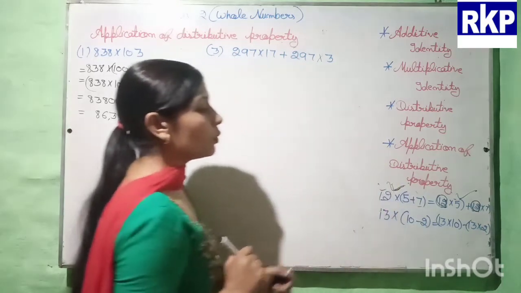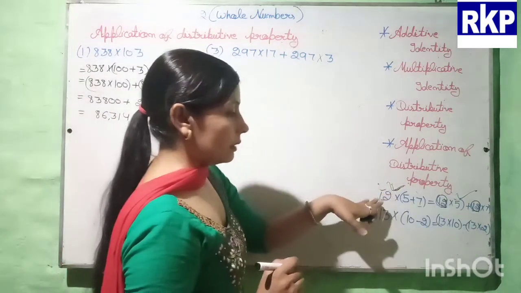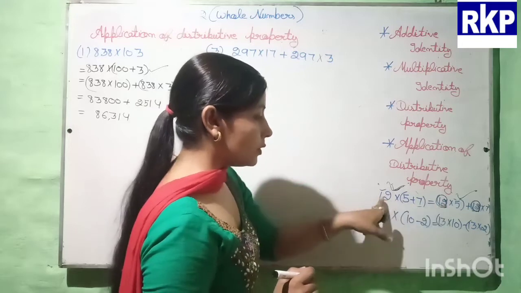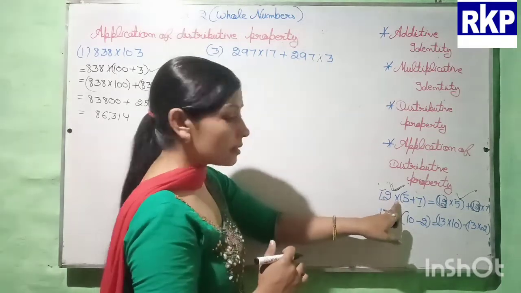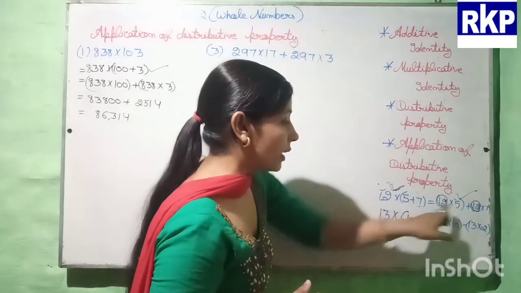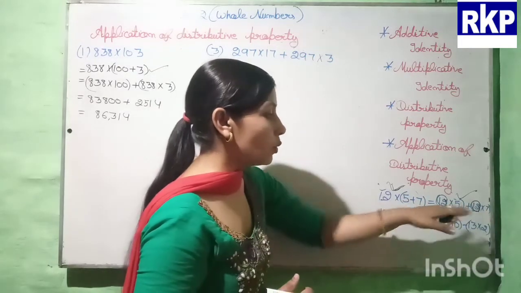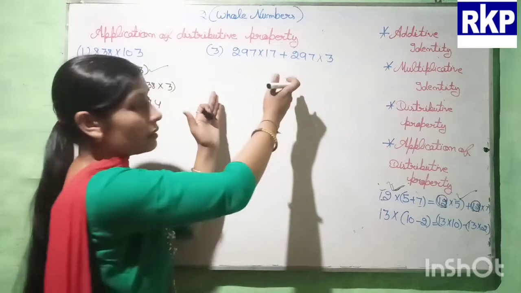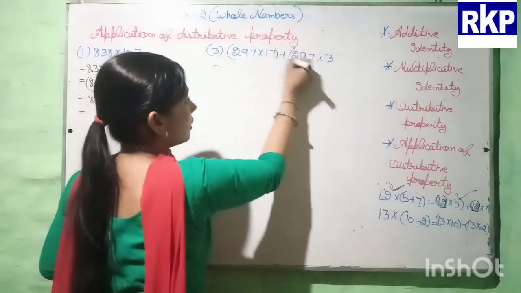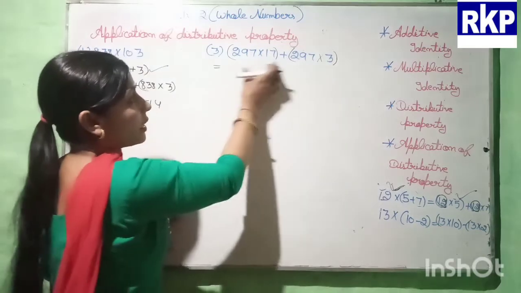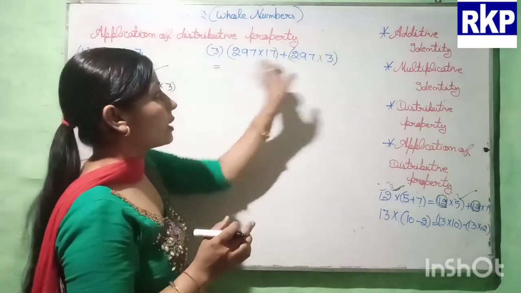So here how can we write it? Here is written 12 outside, and then the sign of multiplication, and then 5, and then 7. So like this we have to write this also. First we will put the bracket like this. Now beta, we have two brackets, this and this.